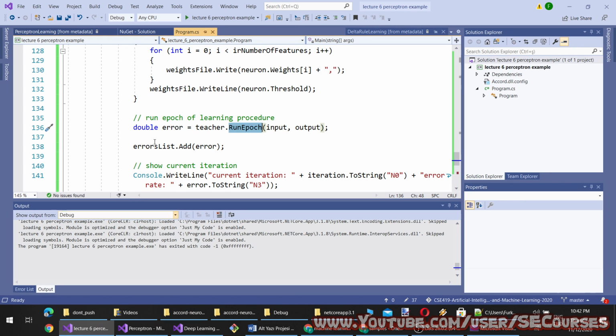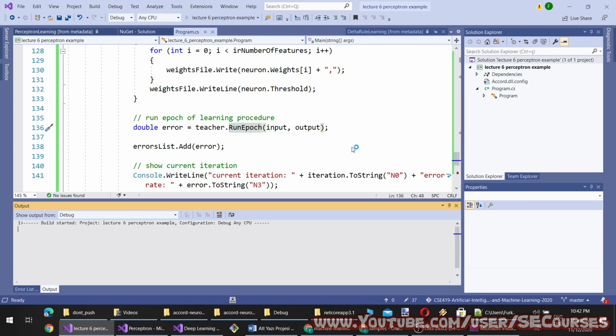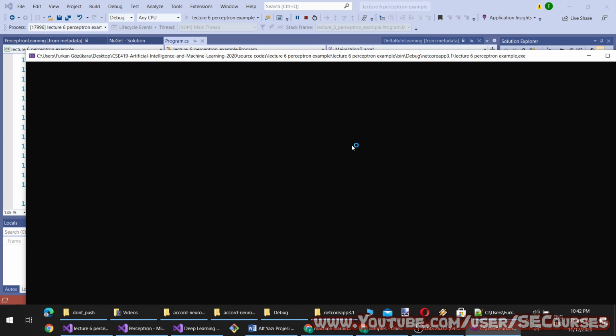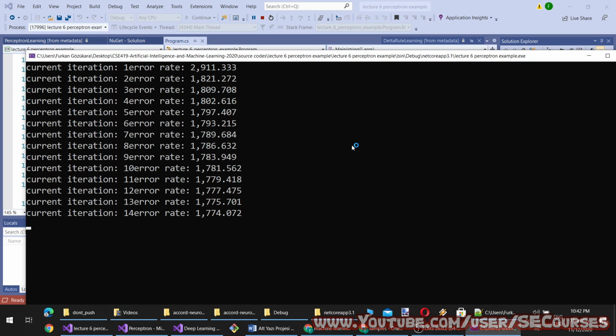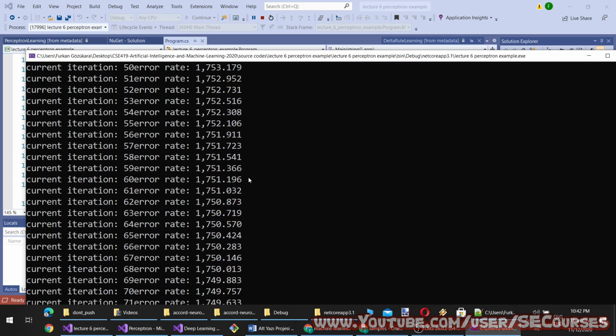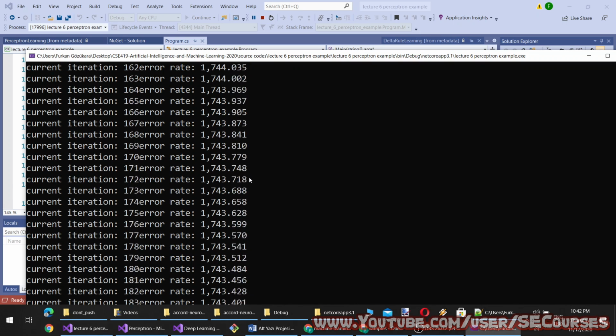Okay. Anyway, let's run our application to see how it behaves. Okay, you see our error rate is getting reduced by each epoch. I want to see how much it will become.